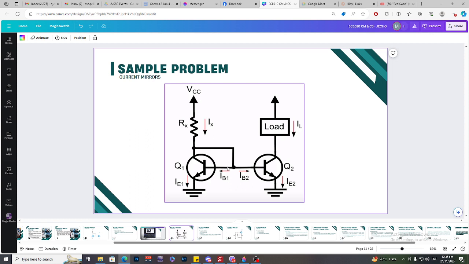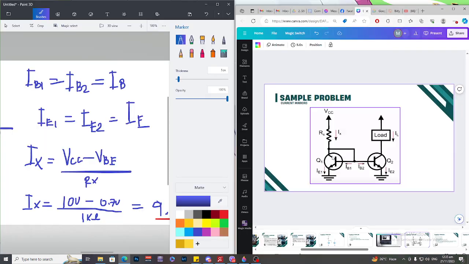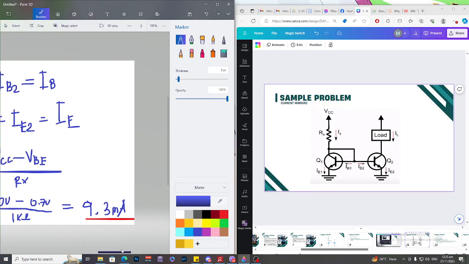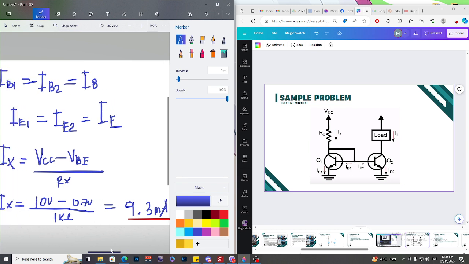Notice that we got the value of IB1, so it is equal to IB2. The IE1 is equal to IE2 since they are the current mirrors. So watch this. Ix, what is the mirror? IL. So basically, the value of Ix is equal to the value of IL. So Ix has the value of 9.3 milliamps.